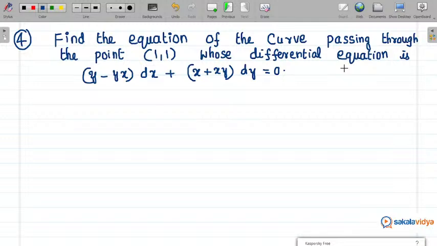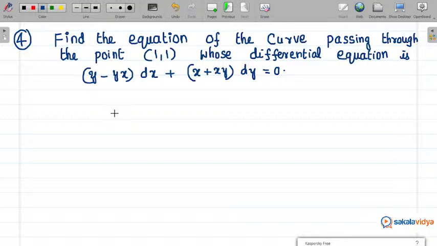First we get the general solution. If you substitute x = 1, y = 1, you get the constant. Again, if you substitute the constant, you will get the particular solution of the given differential equation. Already we have discussed the types of solutions, general solution, particular solution, singular solution, but in this case we are going to find the particular solution.